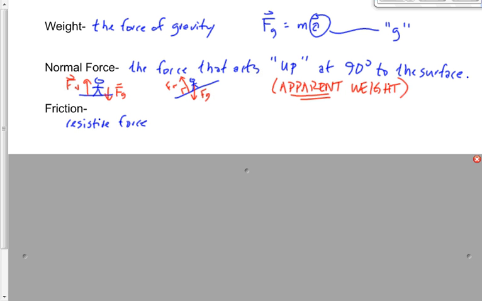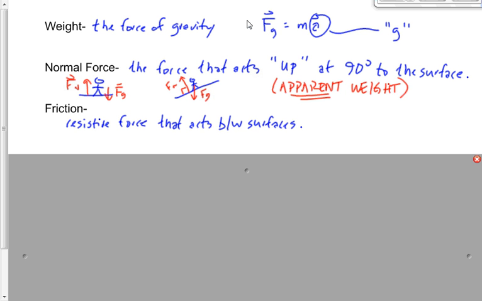Yeah, it goes against something, right? It goes against motion. It's a resistive force that acts between two surfaces.